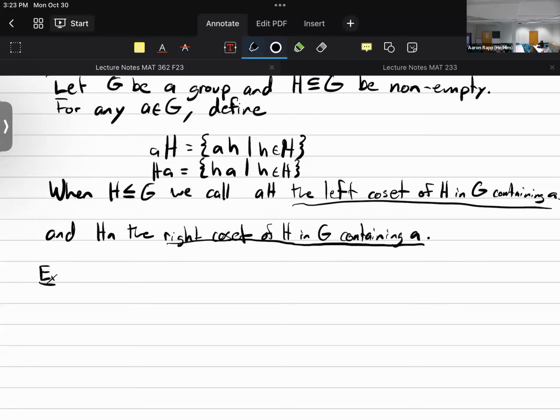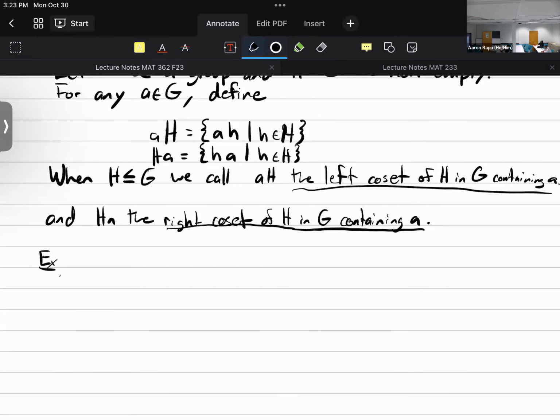So just an example to calculate cosets. Let the group that we're considering be the dihedral group of order 8, so all those symmetries on the square.